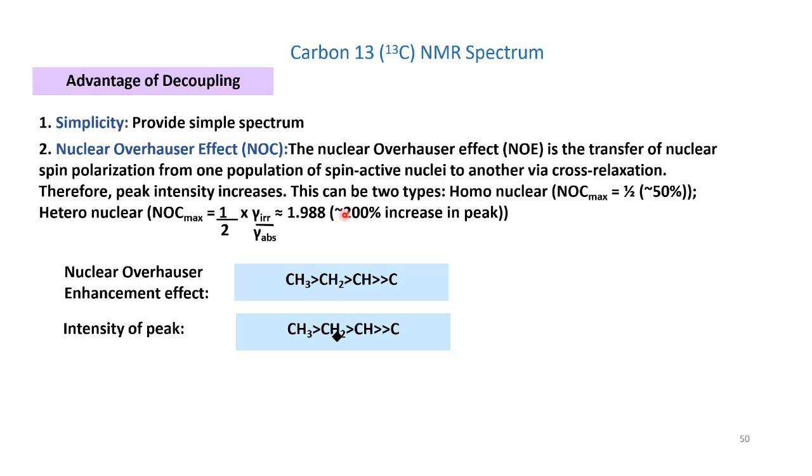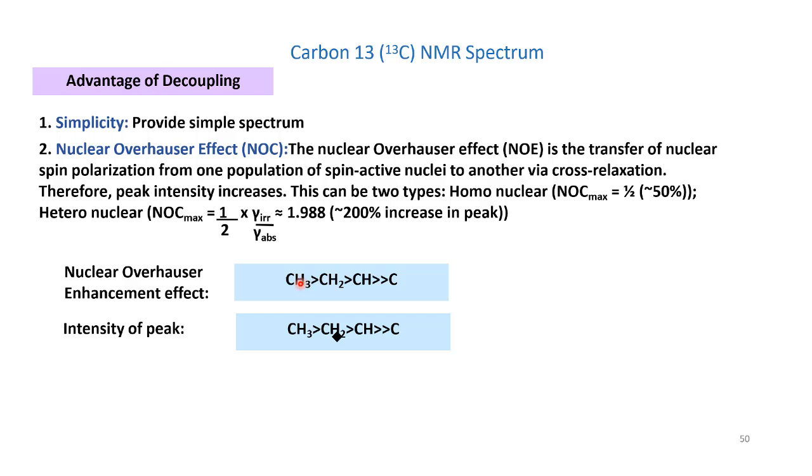So some of the advantages of decoupling: it will simplify the spectrum, and also gives the nuclear Overhauser effect. This effect is the transfer of nuclear spin polarization from one population of spin active nuclei to another via cross relaxation. So the enhancement occurs like this.